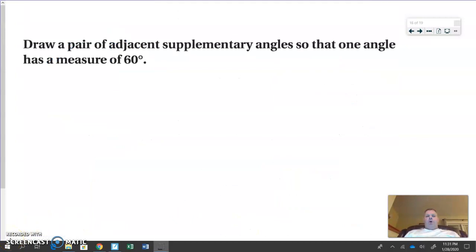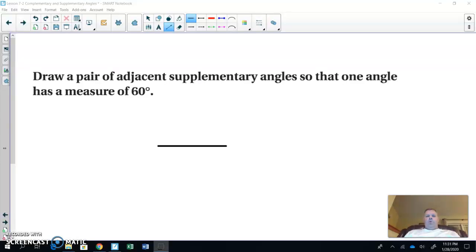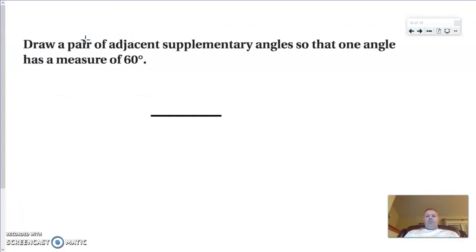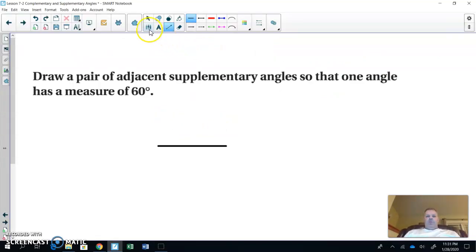Our next example is to draw a pair of adjacent supplementary angles so that one has a measure of 60. What I need to do first is get a straight line, like I have done. My next step is to put a dot in the middle. I am then going to get my protractor out.